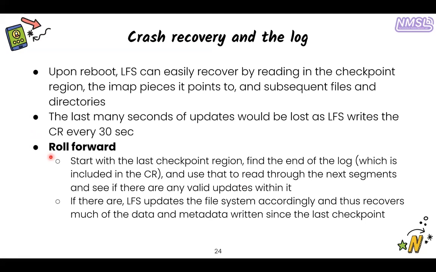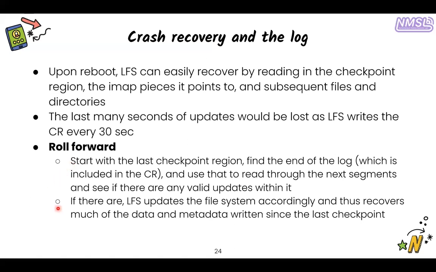So in that case, you're going to use something called roll forward. You start with the last checkpoint region, find the end of the log, and use that to read through the next segments and see if there are any valid updates within. So basically, you go to the last legitimate CR that you have, go forward, and see if there's anything we can salvage.